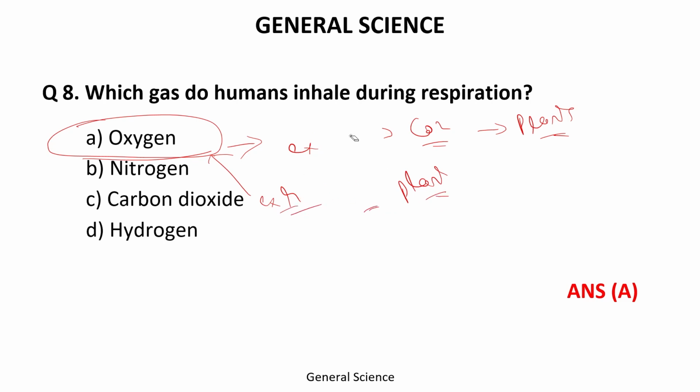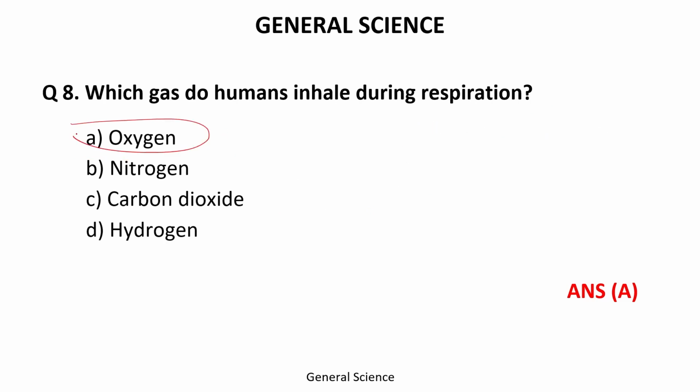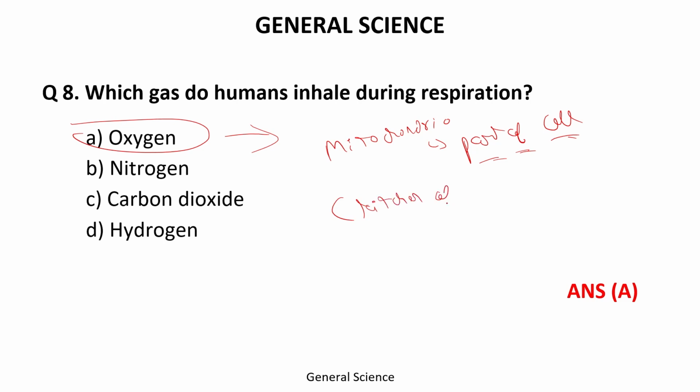Alright. Now, if we are talking about the oxygen, then oxygen is very essential for the mitochondria, which is the part of cell. And it is also known as the kitchen of the cell.